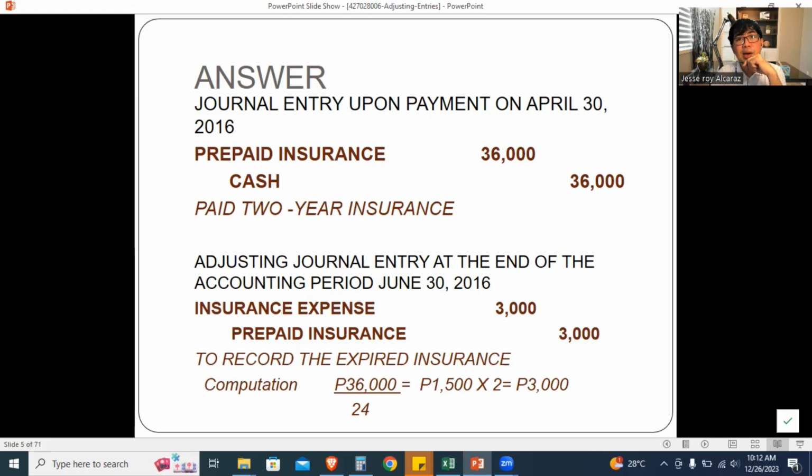And instead nga bayaran nato ni siya, we simply charge it to our prepaid asset, which is prepaid insurance. So, as of June 30, if I will be asking the question, how much is our insurance expense? The answer is 3,000 pesos. And how much is the prepaid insurance? It will be 33,000 pesos na lang.